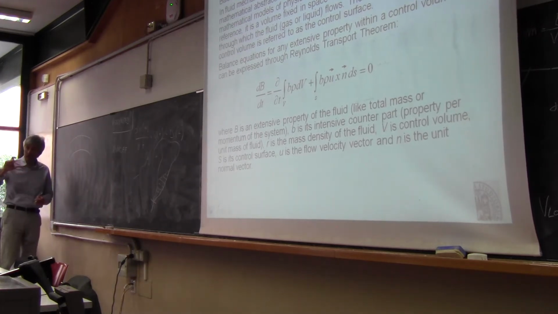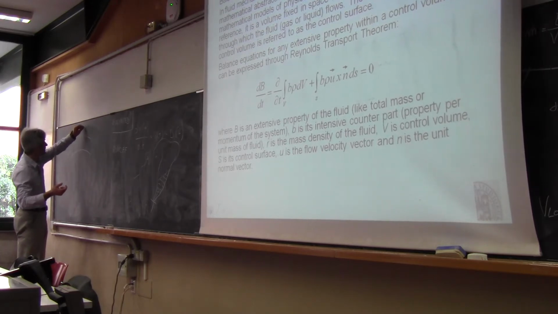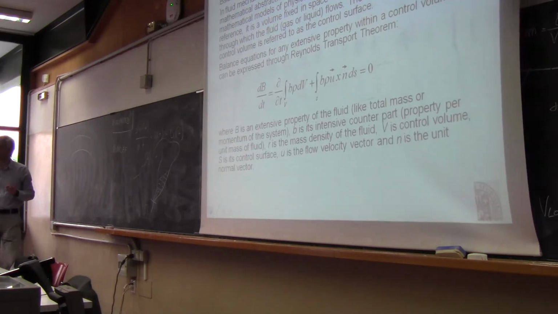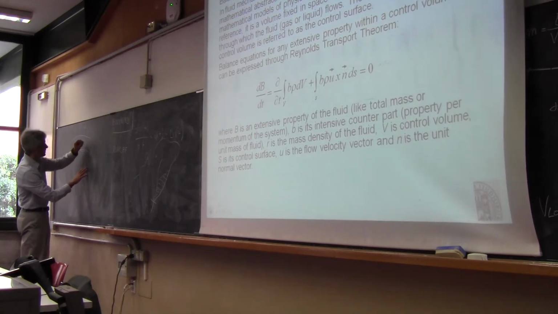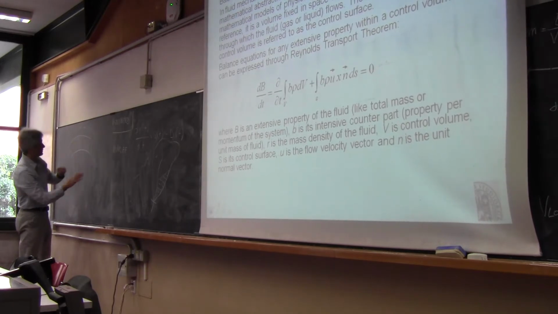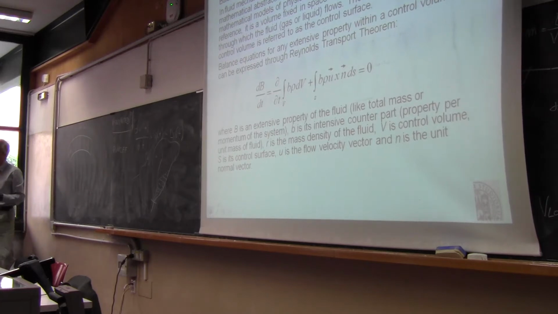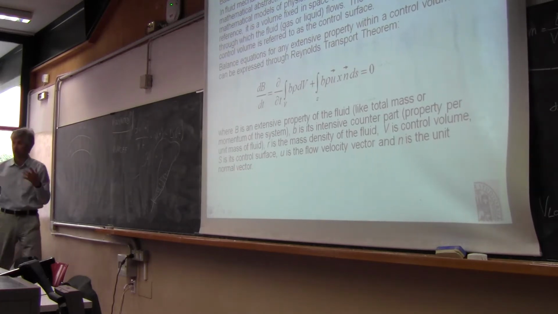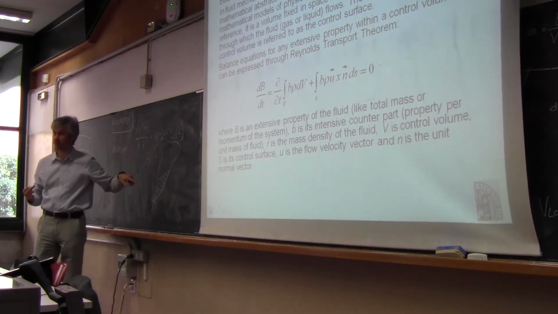But after a time dt, this body of fluid moves, and it's here. This is a problem, because actually, I want to balance, conserve my mass of fluid in the catchment.